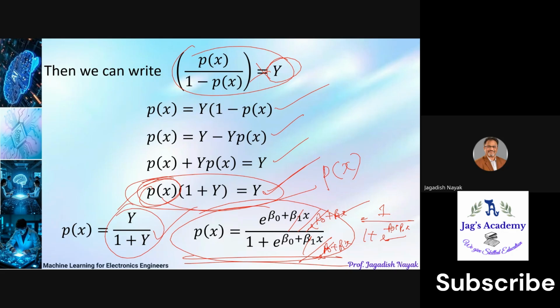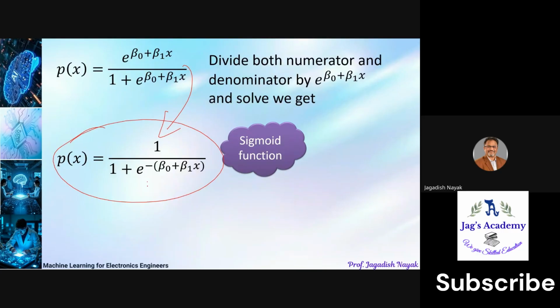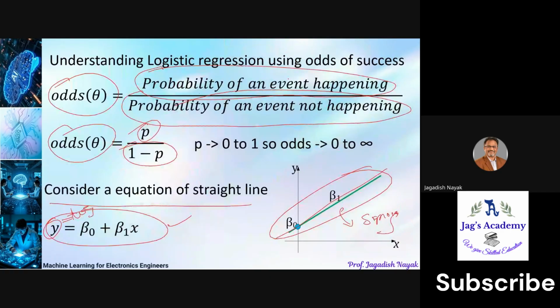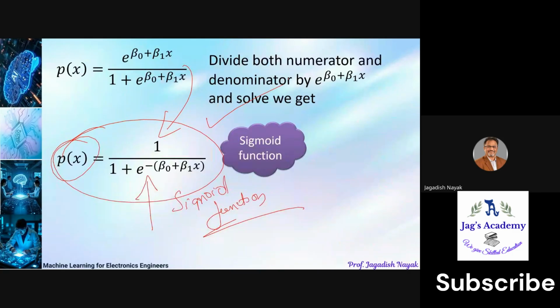Simplifying this, you get the probability p of x as a sigmoid function. See how we started from here and how we reached the sigmoid function. This sigmoid function is the base for your logistic regression.